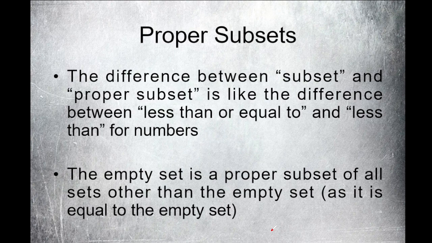So I can say that the empty set is always a proper subset of every other set, except itself. Because it will be equal to that empty set. So I can say that the empty set is a proper subset of every other set.